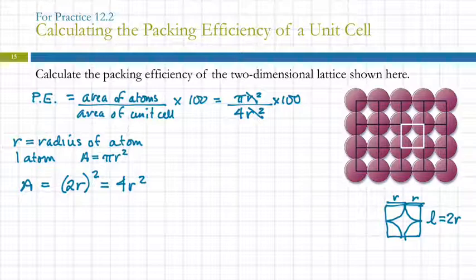So pi divided by 4 times 100. 78.5%. That's the packing efficiency, two-dimensional, for that lattice. Any questions?